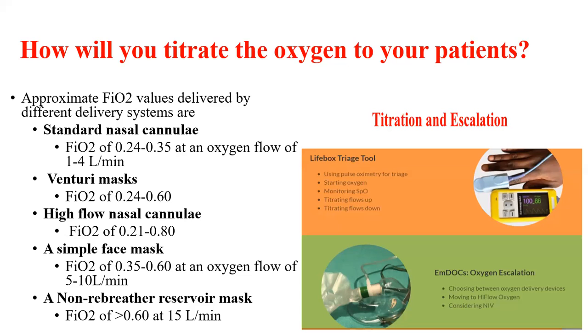High flow nasal cannula can give from 21 to 80. Simple face mask can give 35 to 60. Non-rebreather can give an FiO2 above 60, and the flow is up to 15 liters. Next slide.